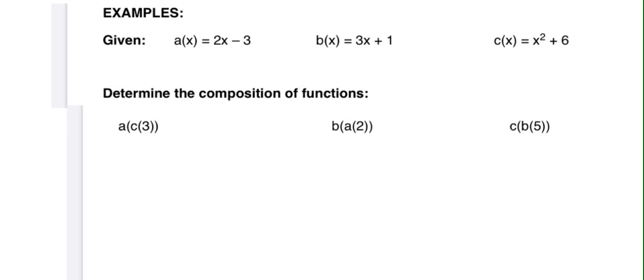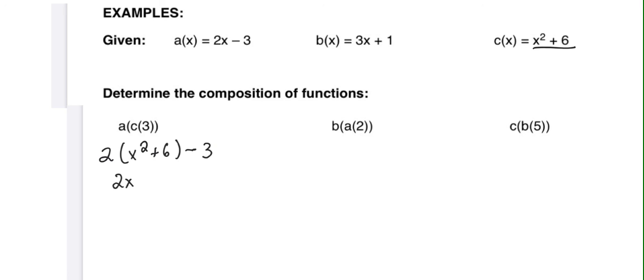So if we look at the first one, a of c of 3, a of x is 2x minus 3. I'm going to plug in x squared, sorry, x squared plus 6 in for that x, and then have minus 3 here.